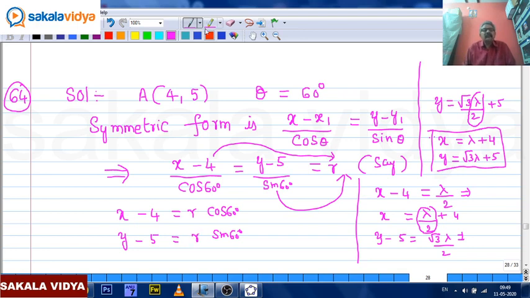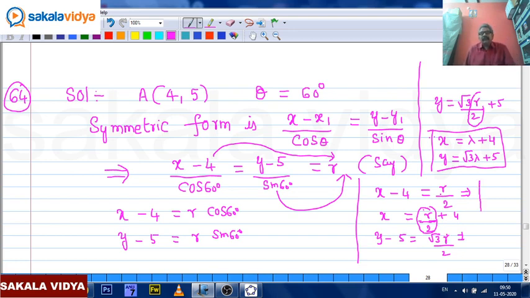So now what do you get here? x minus 4 is equal to R by 2, y minus 5 will be root 3 R by 2.